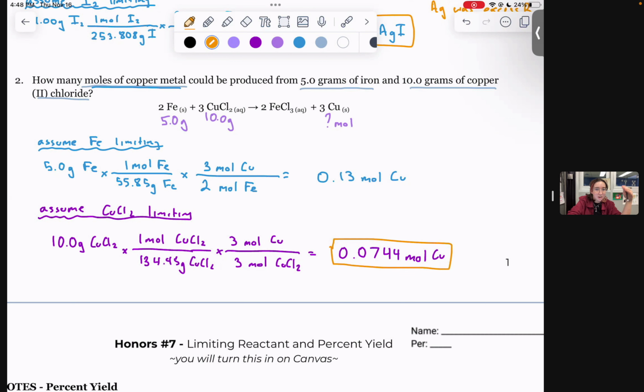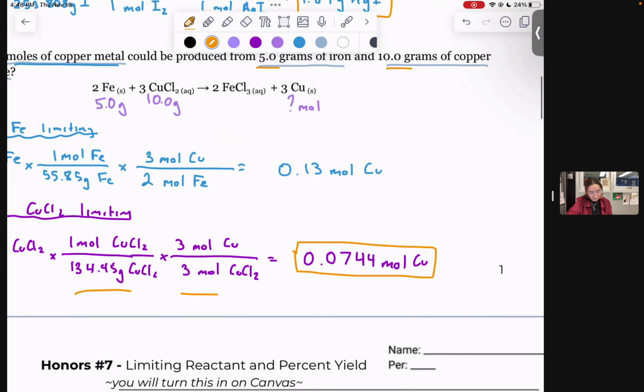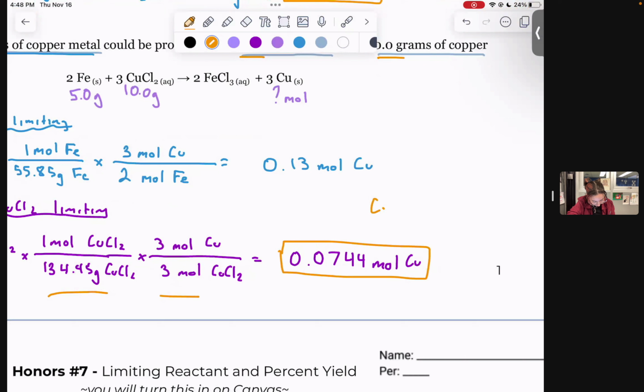You can't just look at, okay, we put 5 of that and 10 of that, but actually the 10 grams ran out faster because we have all these other ratios at play. It's hard to predict in your head. I never try to play that game. I always just do my math and see what I actually end up with. So in this case, the copper chloride was the limiting reactant.